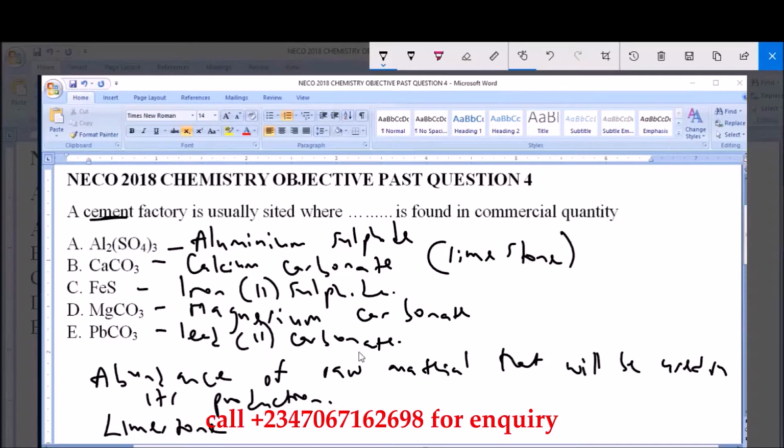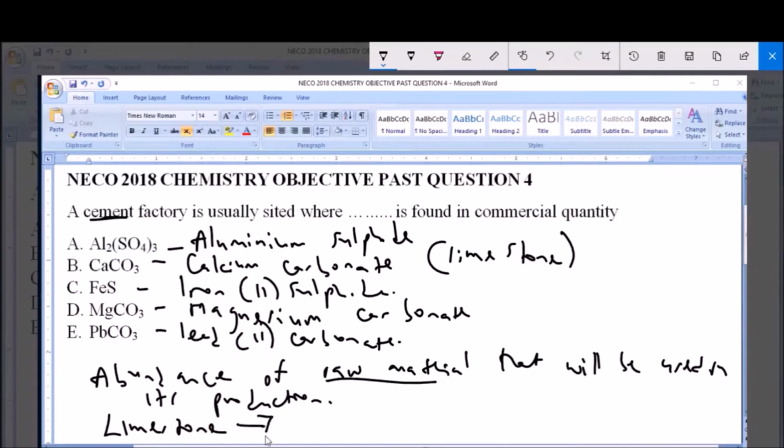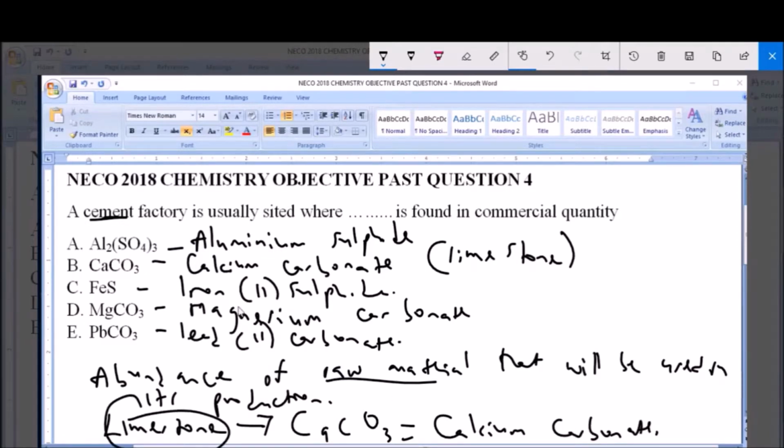Limestone is the common name of the chemical compound CaCO3, which is calcium carbonate. So basically, limestone is made up of crystals of calcium carbonate. Calcium carbonate is option B, so it is the correct answer to this question.